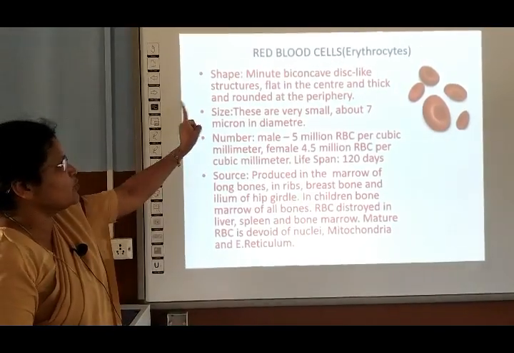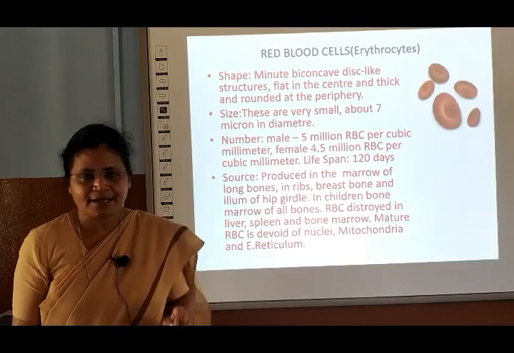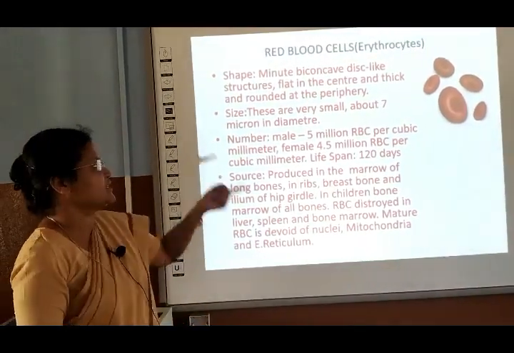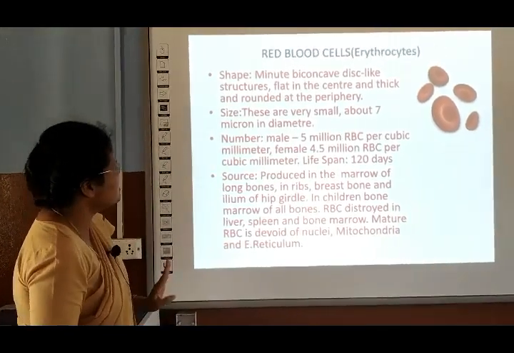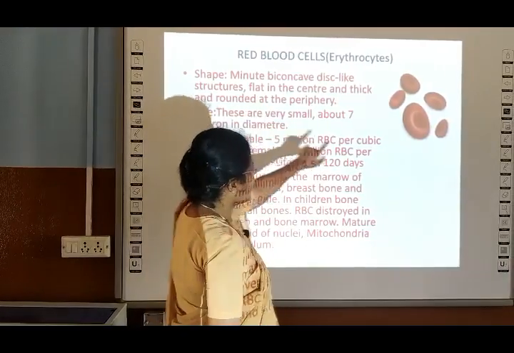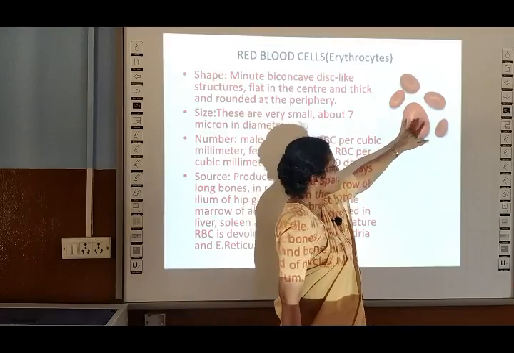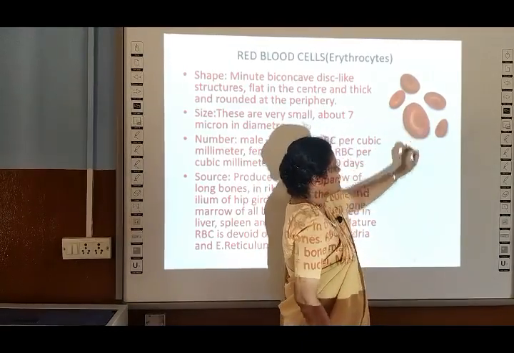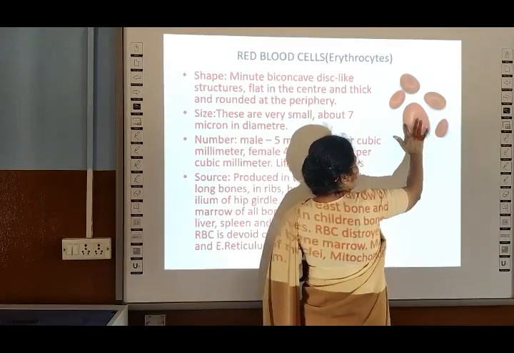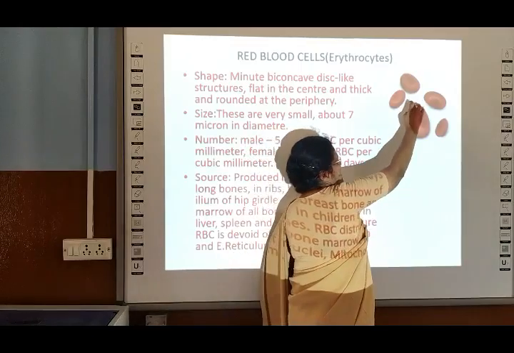The first one we go to is RBC, also called erythrocytes because it's red in color. So the cells which are red in color, having a specific function, are called RBC. What's the shape? It's very, very microscopic. It's biconcave, flat at the center, thick and round at the periphery. Periphery means outside.